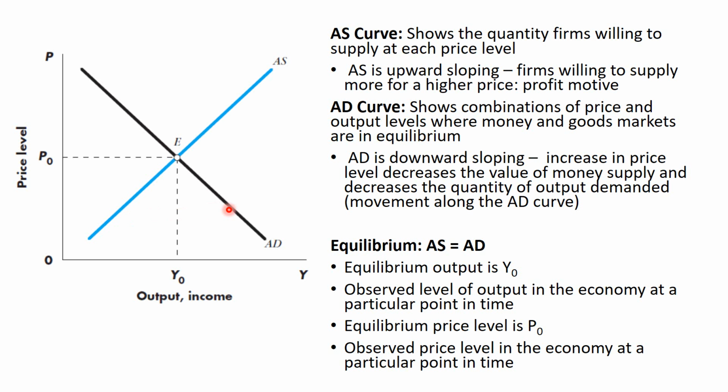This excess demand would put upward pressure on prices, causing prices to rise until eventually the economy reached the equilibrium level of prices and output at point E.